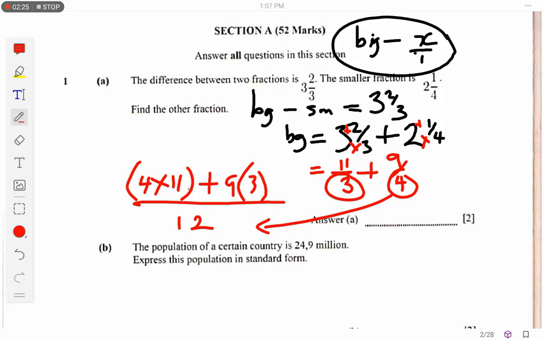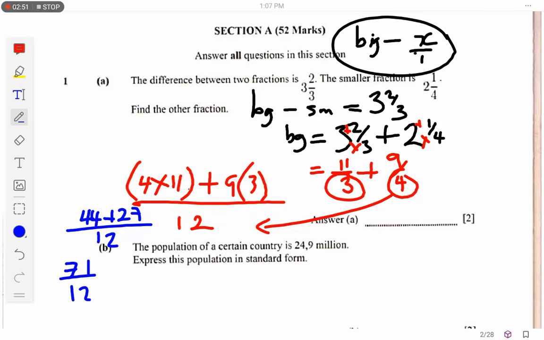Now let's simplify. 11 times 4 is 44, plus 9 times 3 which is 27, all over 12. If we add 27 plus 44, we get 71, so it's 71/12.